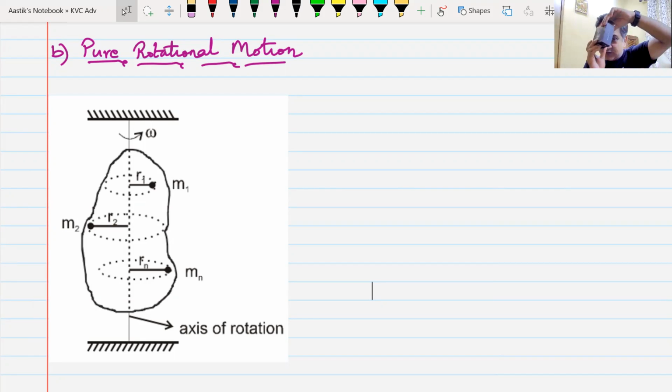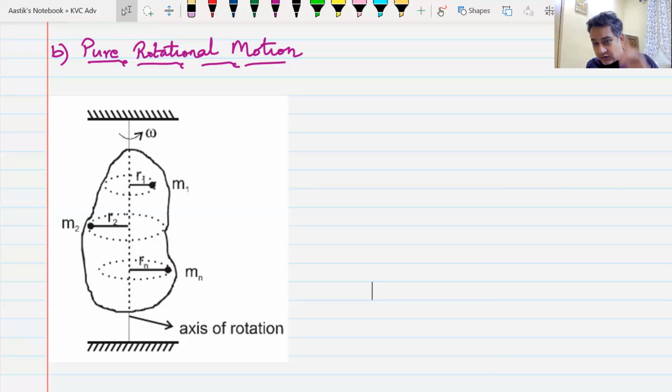So, if a body is moving in such a way that all particles of the body are moving in a circular path, and the centers of all those circles lie on one fixed line, that motion is known as pure rotational motion.